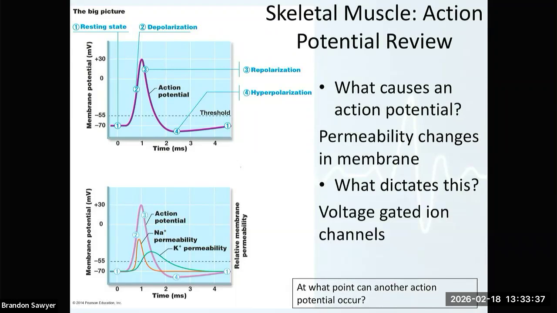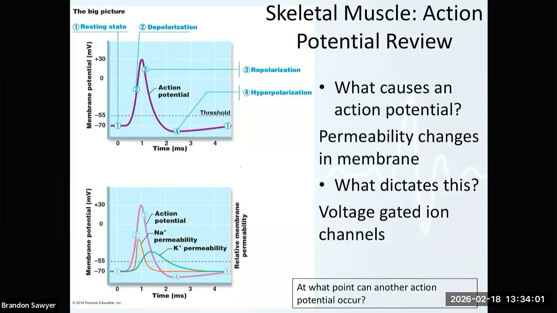Right around the time we see depolarization, we see sodium permeability shoot way up, showing us that depolarization is caused by sodium moving, in this case sodium influx. And then we see the permeability of potassium changing right around the time that repolarization and hyperpolarization are occurring. So it's the efflux of potassium that causes those.